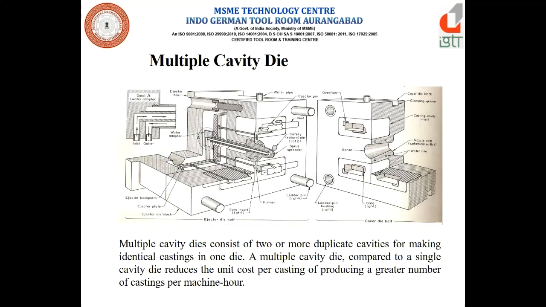A multiple cavity die consists of two or more duplicate cavities for making identical castings in one die. Compared to a single cavity die, it reduces the unit cost per casting by producing a greater number of castings per machine hour.